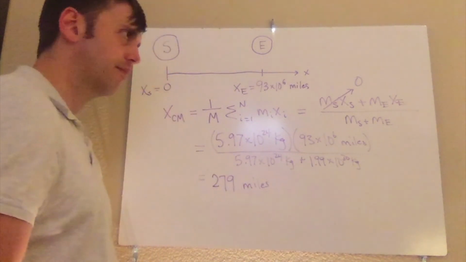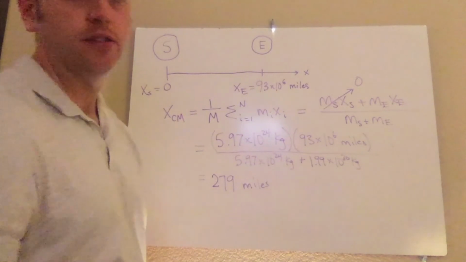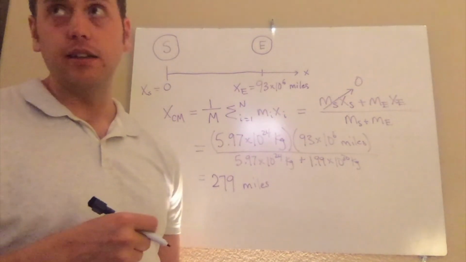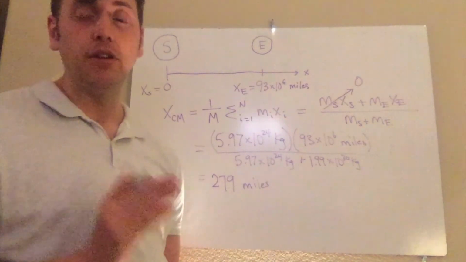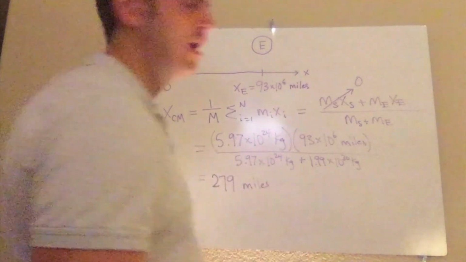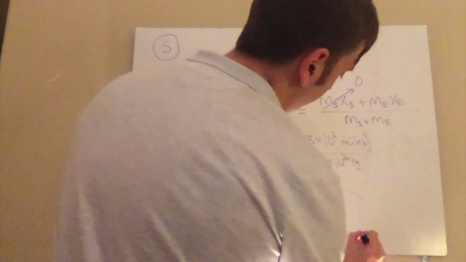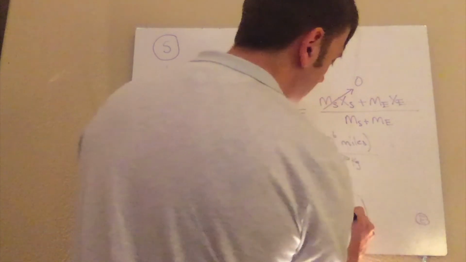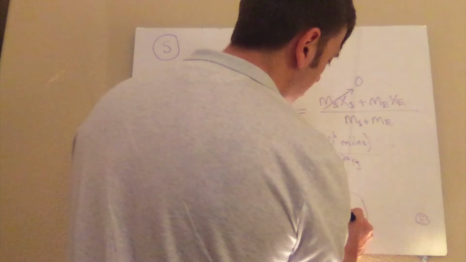So, okay, just for reference, the radius of the Sun, if I'm remembering right, is close to 1,000,000 miles. A little bit less than that, like 700,000, something like that. So the center of mass of the Earth and the Sun is basically right in the middle of the Sun.